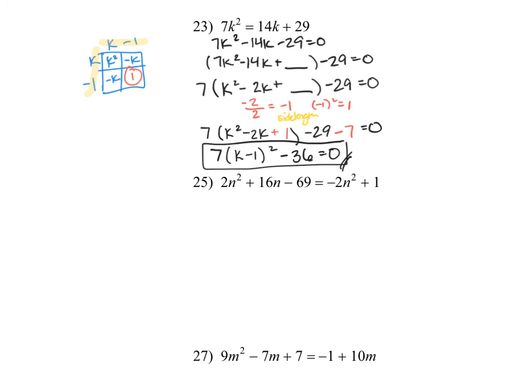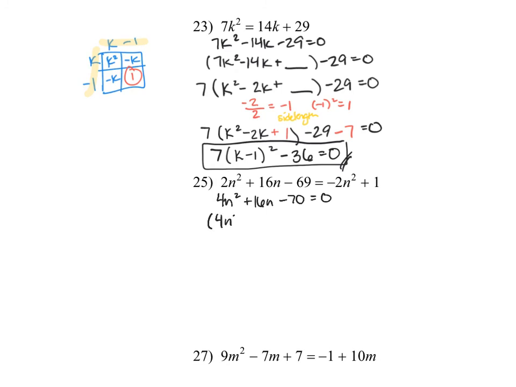So let's try problem number 25 and then we'll be done. So let's see, in this case I'm going to add 2n squared to both sides and then subtract 1 on both sides. And it's going to get me 4n squared plus 16n minus 70 is equal to 0. I'm going to do what I've always done and kind of kick out whatever c value I have.